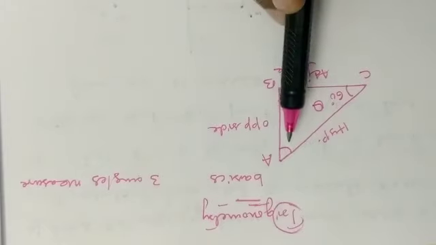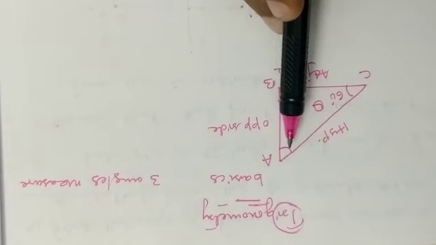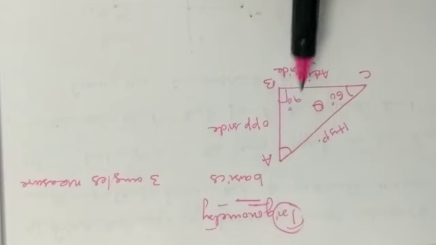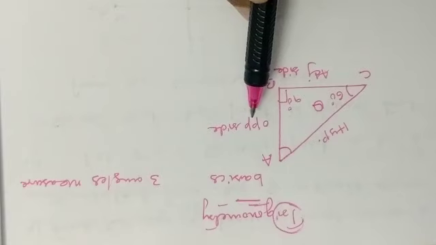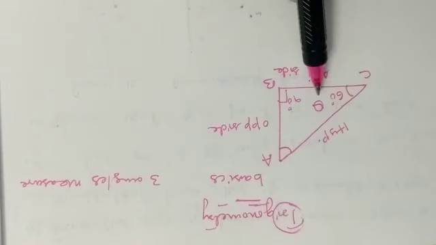Suppose you consider this angle as theta, then this side becomes the opposite side and this becomes the adjacent side. So you have to decide the opposite and adjacent sides based on the acute angle you have taken.